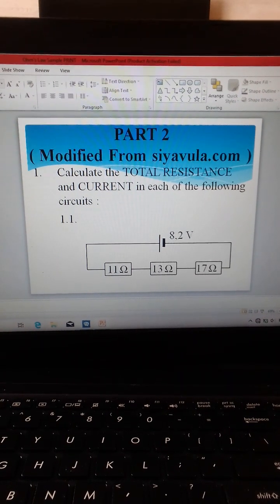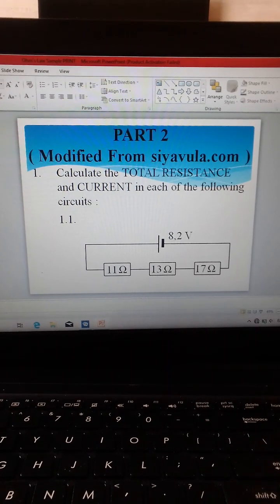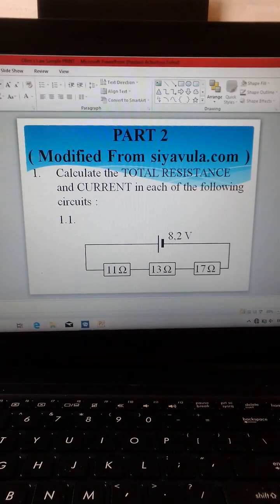So here we're going to apply Ohm's law strictly to electric circuits. Please take note that I modified them from seavola.com.